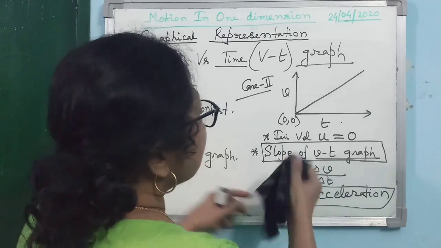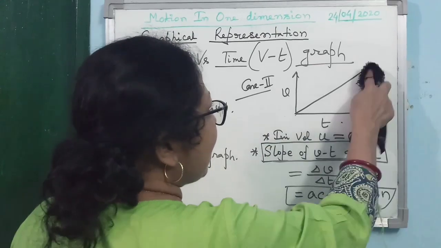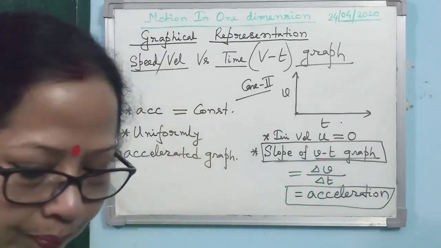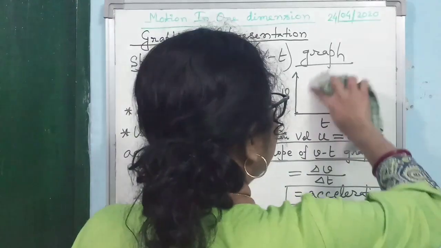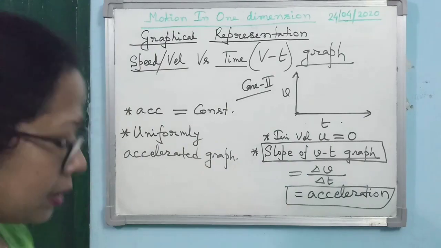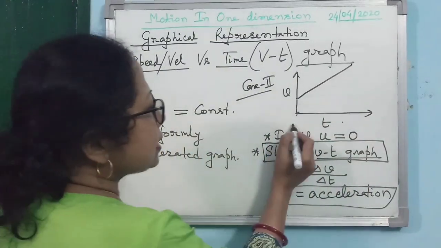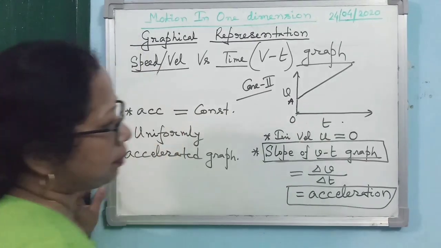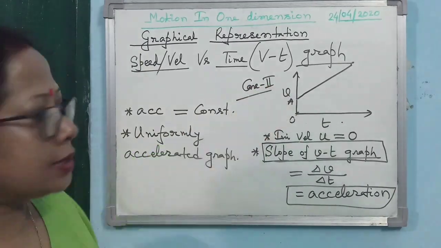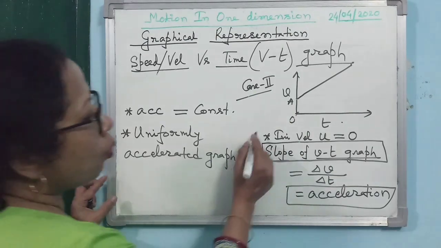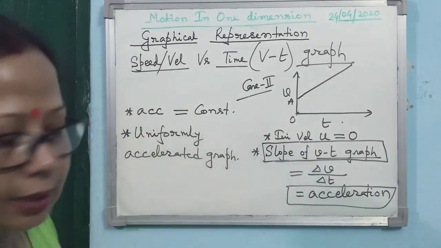Now suppose the graph is a straight line but it is not passing through the origin. It has a y-intercept, this OA. OA is called the y-intercept. In that case, what will be the initial velocity?